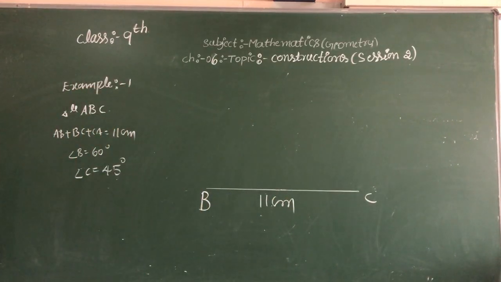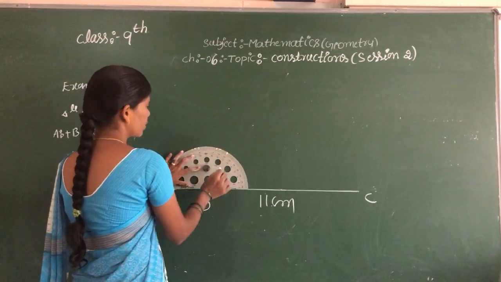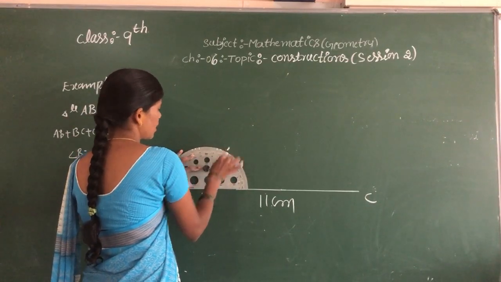We should keep the protractor at B. This is 60.